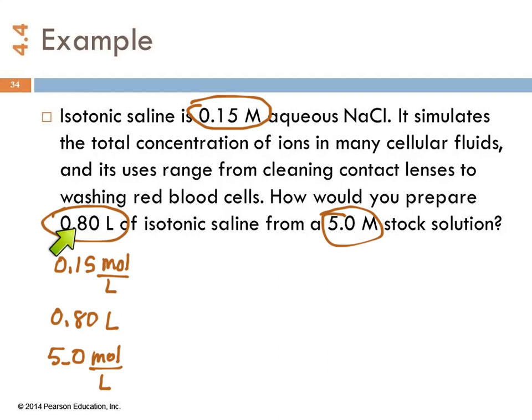This is saying we want 0.8 liters of isotonic saline. Up here it says isotonic saline is this. So these two go together. These two are connected. So let's call this the molarity of the first solution, and this will be the volume of the first solution. It doesn't matter if you call it 2 or 1, as long as you get them connected in the right way. Then this is going to be the concentration of the second solution.